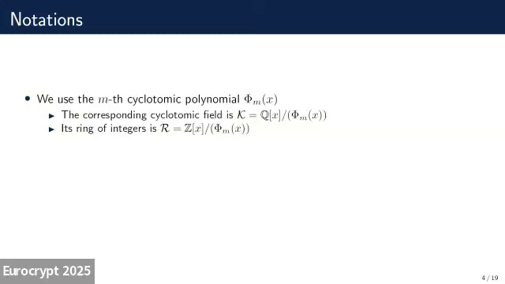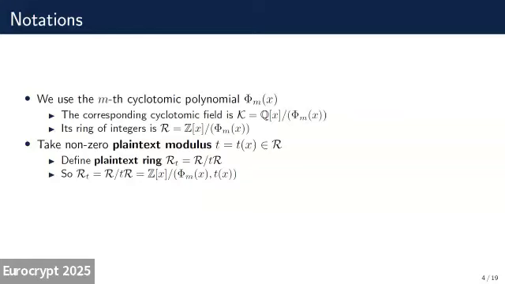Okay, so in this presentation, we will rely on ring learning with errors. So let me introduce a couple of notations for this. We will be using these cyclotomic polynomials denoted by phi m, and the corresponding fields will be written as K and R. Then we will often consider some non-zero element of our ring, which we call the plaintext modulus. And then all computations will happen over the ring that is defined modulo this plaintext modulus t.